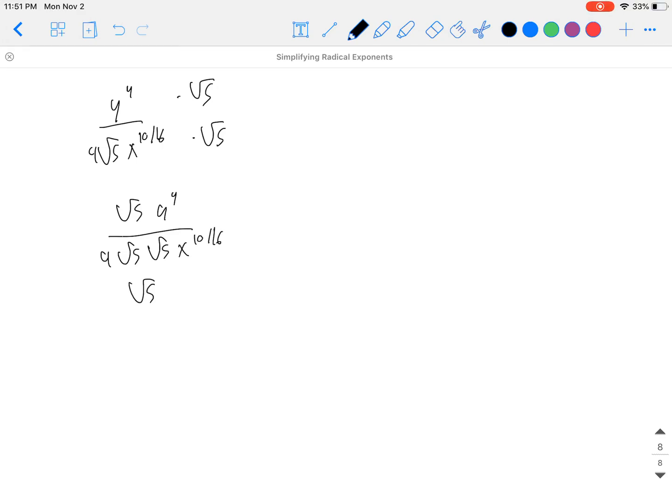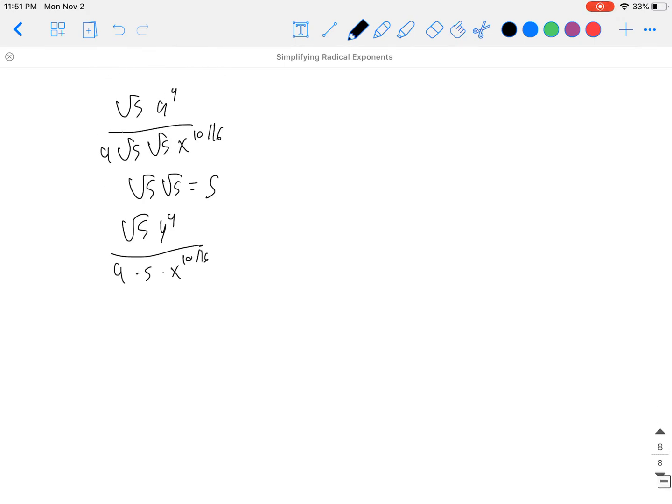The square root of 5 times the square root of 5 can be written as just 5. So we have square root of 5 times y to the 4th over 4 times 5 times x to the 10 over 16. And finally, by multiplying 4 by 5, we will have square root of 5 times y to the 4th over 20 x to the 10 over 16.